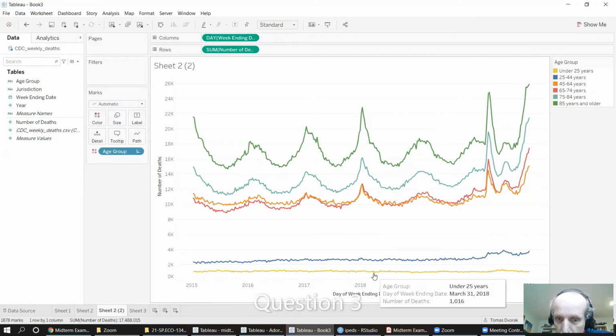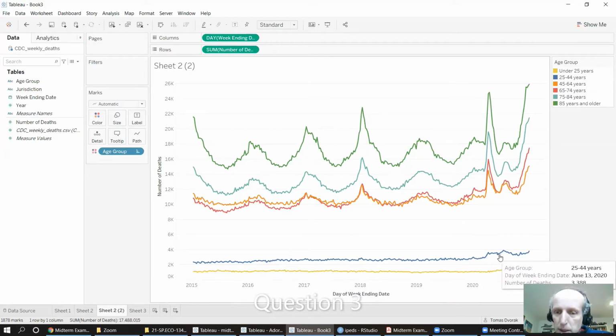The deaths for the younger groups seem pretty stable over the course of the year, but we actually notice a big pickup in deaths in 2020, even in some of these younger categories. So COVID clearly affected not just the elderly, but also middle-aged and young people. All right, that's question 3.